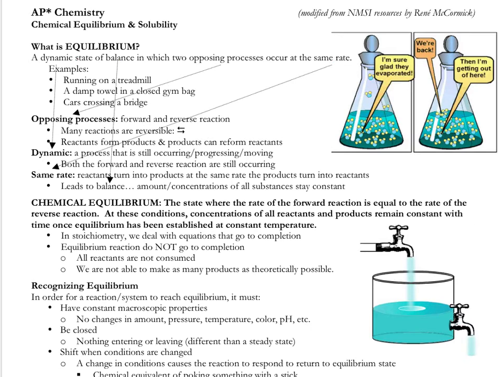So the idea with chemical equilibrium is we know certain things about what the opposing processes are. The opposing processes are the forward and reverse reactions. So any chemical bond that we break could also, with the right conditions, be made. Every bond that could be made can be broken.